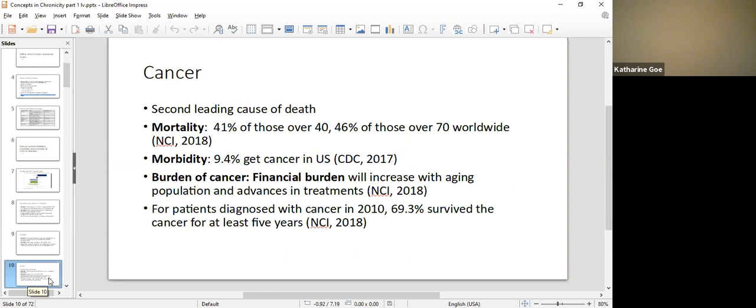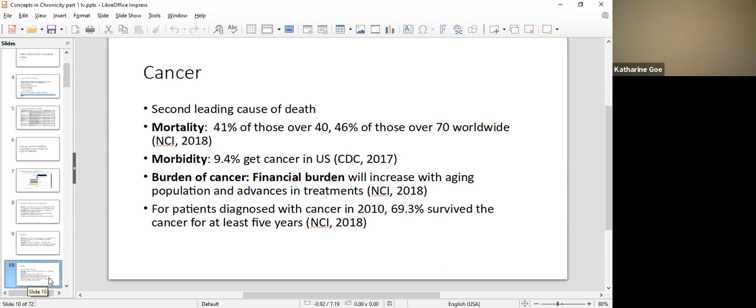Cancer is the second leading cause of death. The mortality is 41% of those over 40, 46% of those over 70 worldwide. The morbidity is that 9.4% of people get cancer in the US. The burden of cancer is financial, and will increase as the population ages and is predicted to increase because of complex advances in treatment, which are expensive.